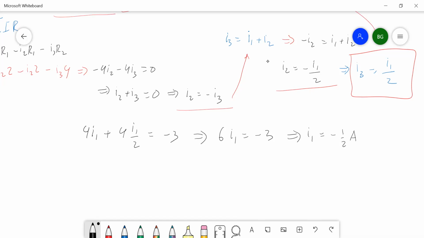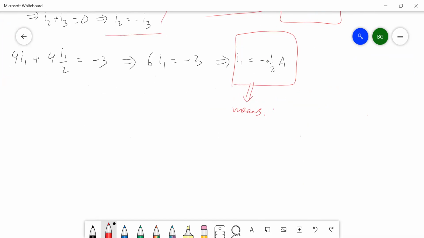It means that there is a minus here, okay? It means our assumption is, well, let's say not correct.